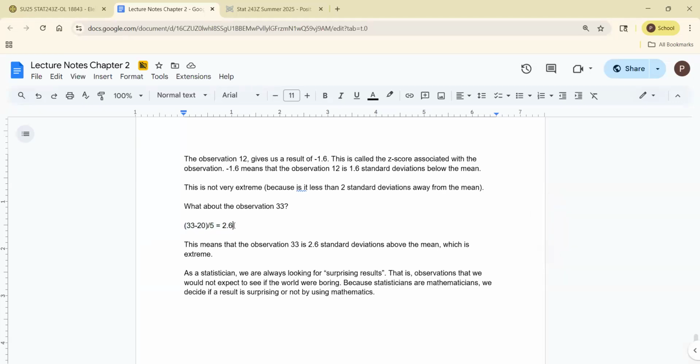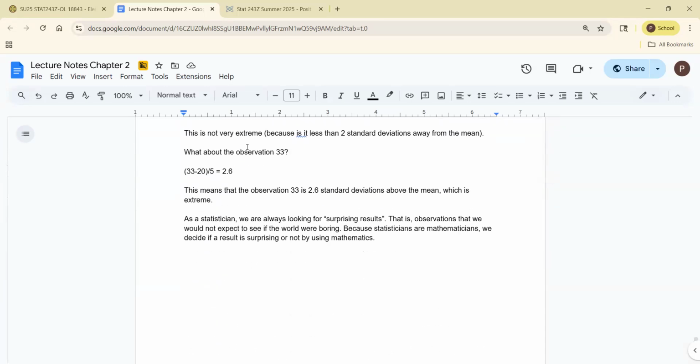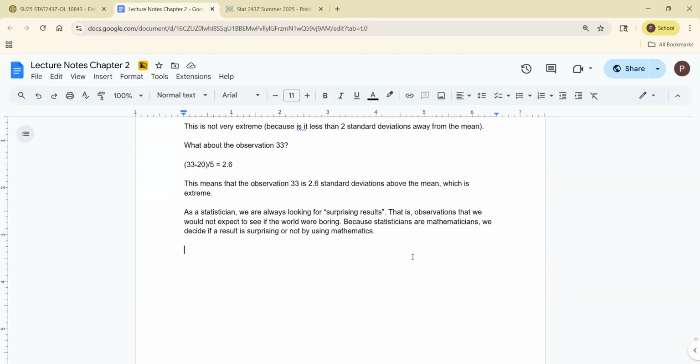To a statistician, that's surprising. Here's the math. 12 minus 20 over 5 equals negative 1.6. That's not surprising. This can be one of the most challenging pieces of statistics, especially when we get to hypothesis testing and the wording is very strange.